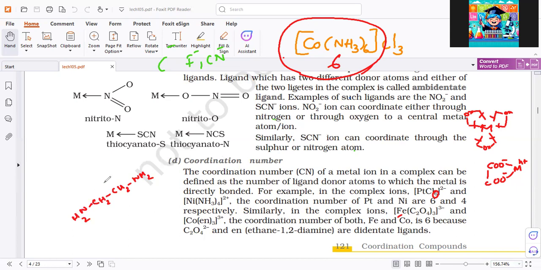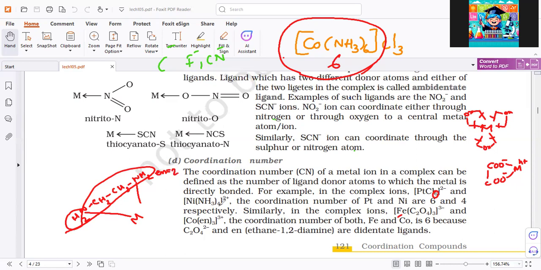So each ethylenediamine molecule will be bound to the metal through two nitrogen atoms. So each en will be contributing a coordination number of 2. Here 3 ethylenediamines are there.